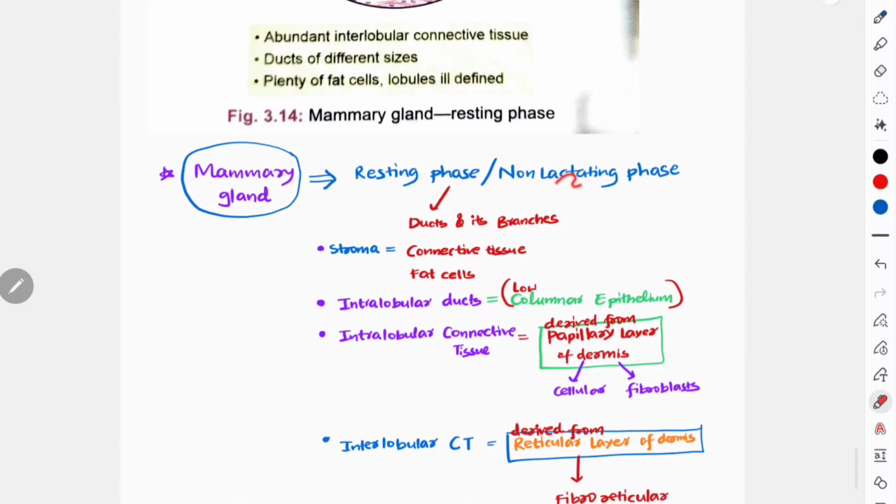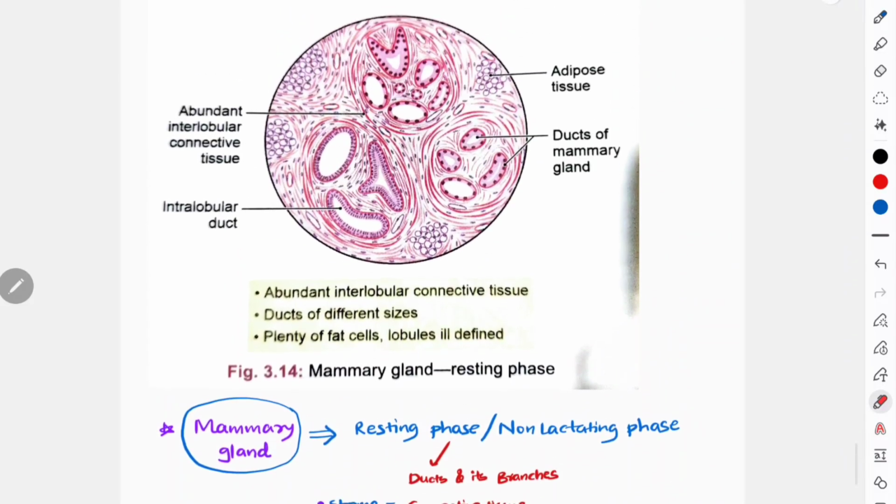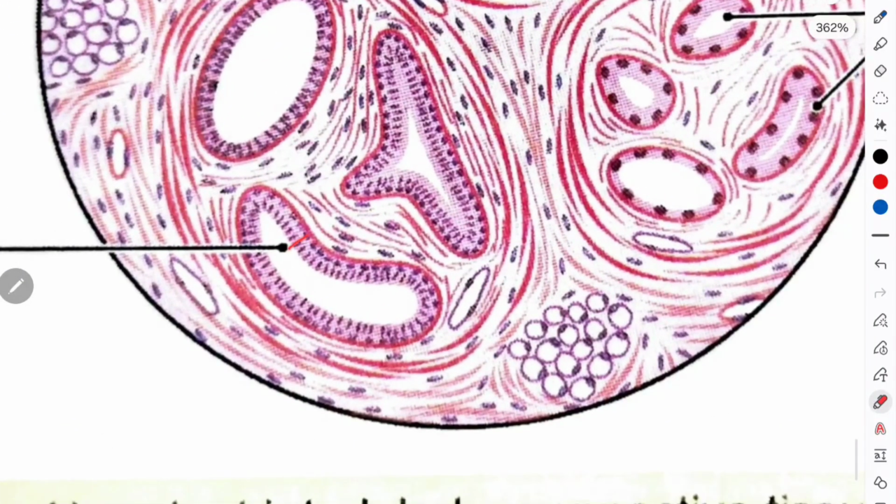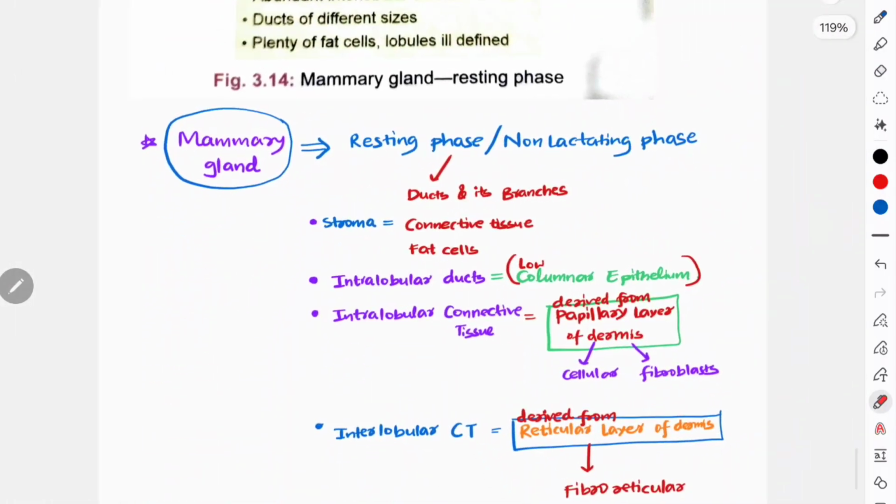In the mammary gland resting phase, or non-lactating phase, we see ducts and their branches, stroma, connective tissue, fat cells, and the intralobular duct, with low columnar epithelium. You can see the columnar cells here.